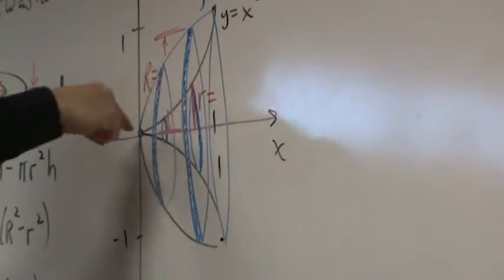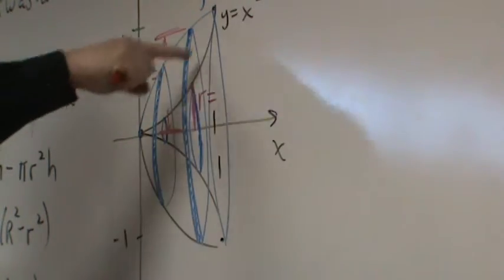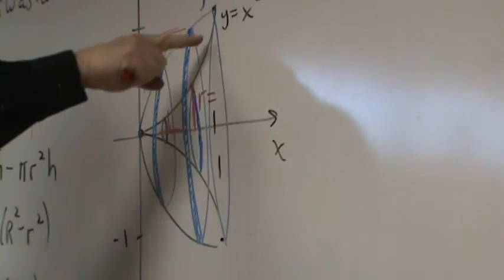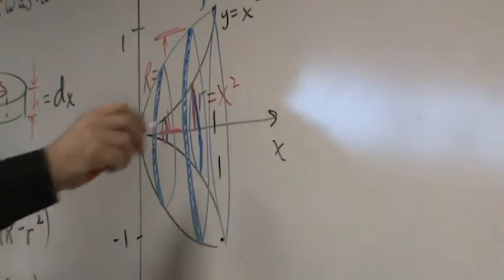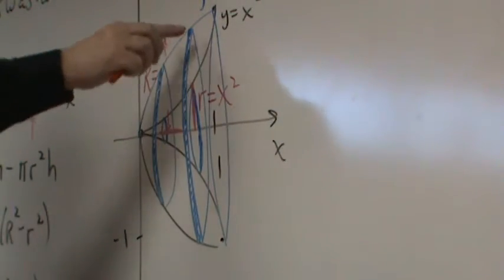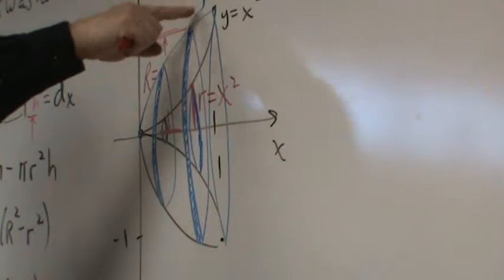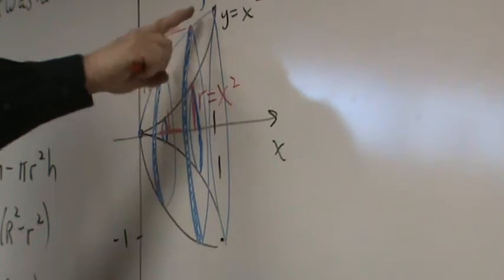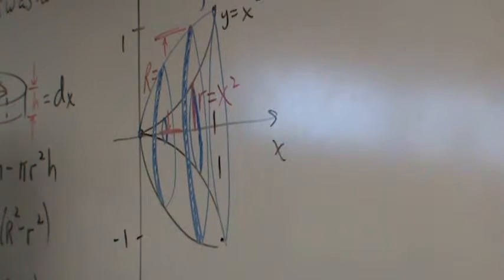Hope you're seeing it's the y coordinate on this graph. And what is the y coordinate on this graph? x squared. Yeah, x squared. Look at big R. Big R is going to be the y coordinate on this graph. And what do we call the y coordinate on that graph? Yeah, rad x.